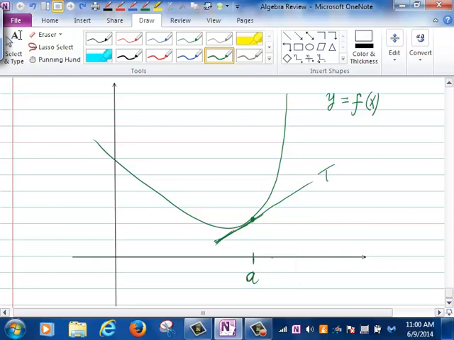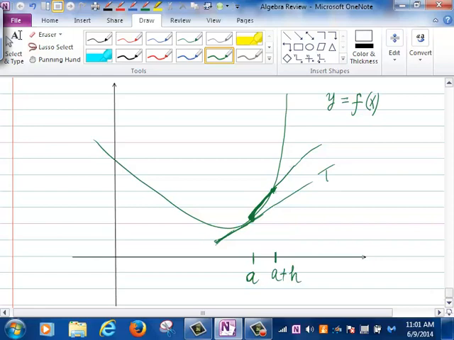Let me pick a point a little bit closer here. Let's pick this point here, A plus h. If I look at the line segment between these two points, what's the slope of this line?